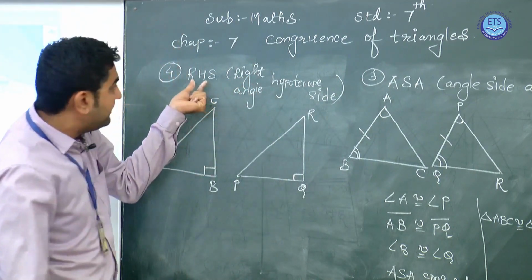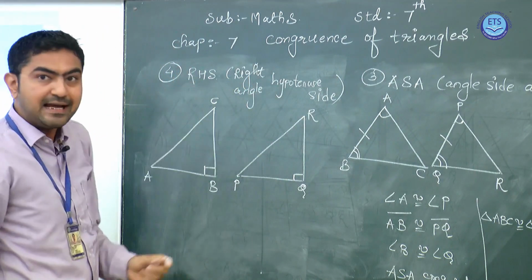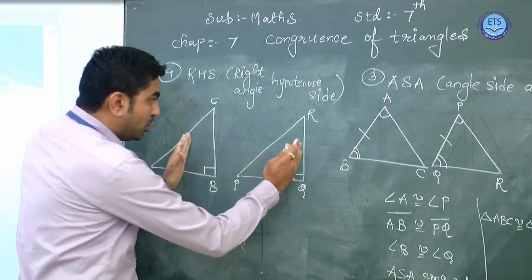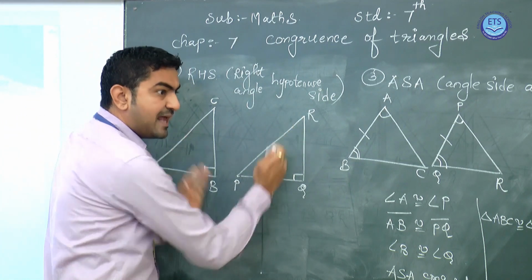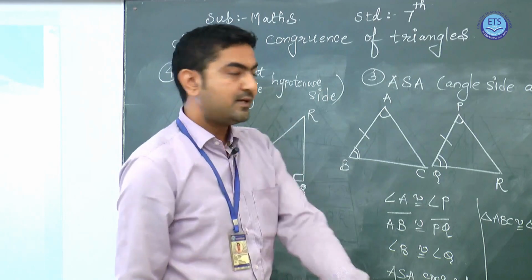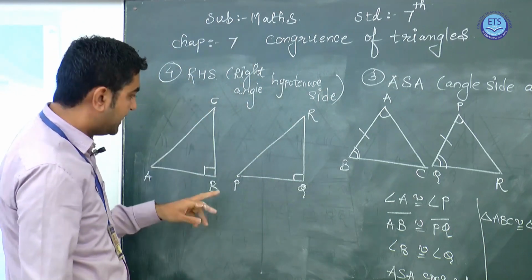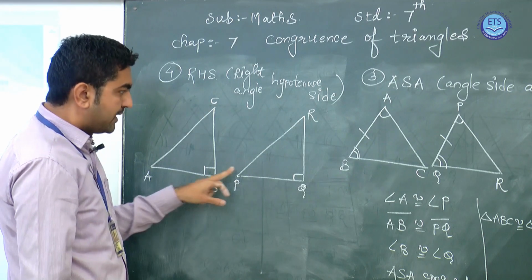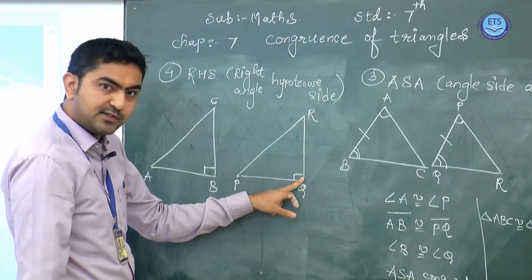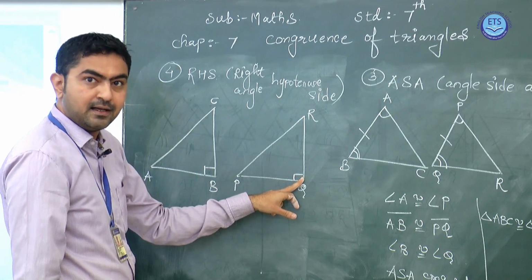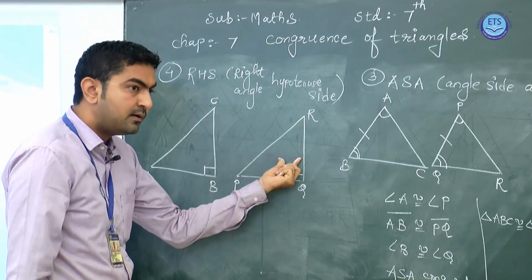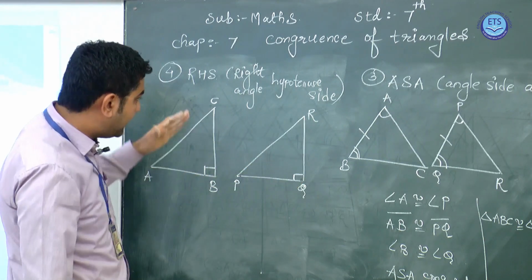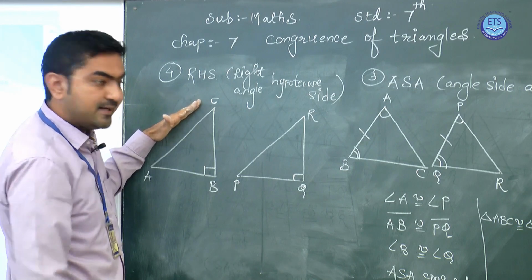Now we are applying the fourth criterion rule to prove these two triangles are congruent. First of all, right angle. This is your right angle: measure of angle B is 90 degrees, measure of angle Q is also 90 degrees. In the first triangle, line segment AC is the hypotenuse.